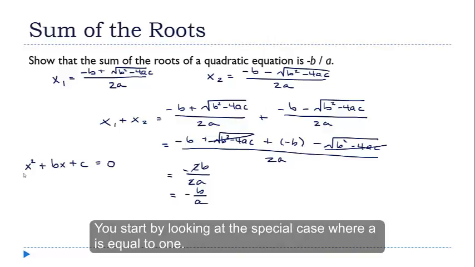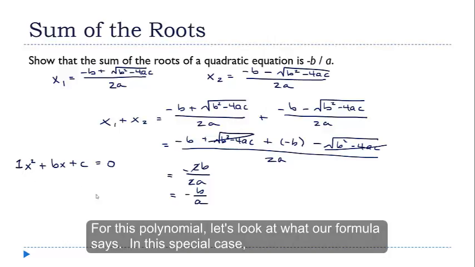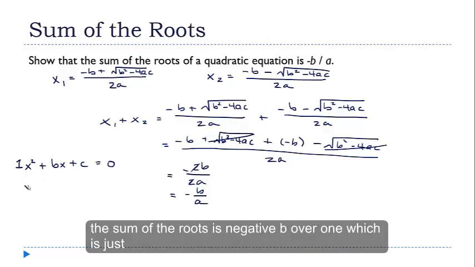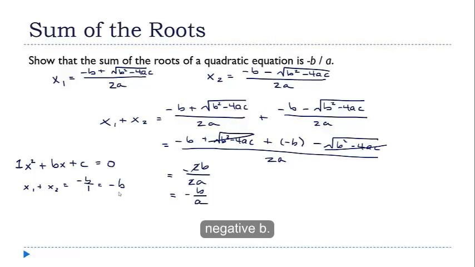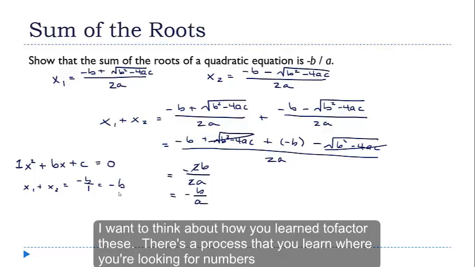You start by looking at the special case where a is equal to 1. So for this polynomial, let's look at what our formula says. In this special case, the sum of the roots is negative b over 1, which is just negative b.